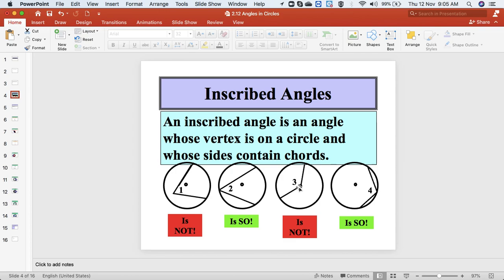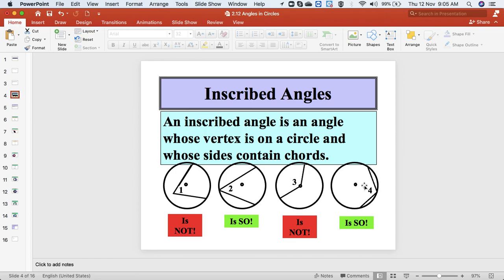But if these two sides of angle 3 are not chords, what are they? They are the radii of the circle. So if illustration 3 is not an inscribed angle, from my previous review question, we call this a central angle.